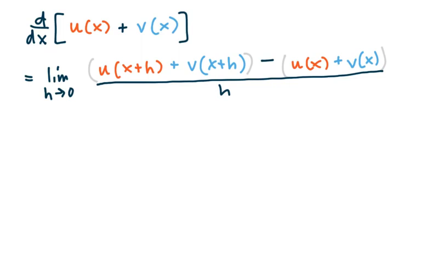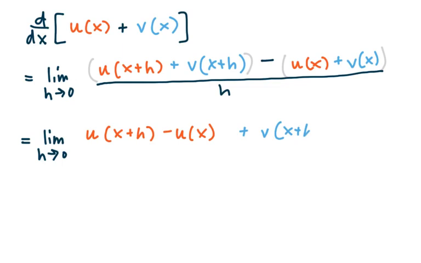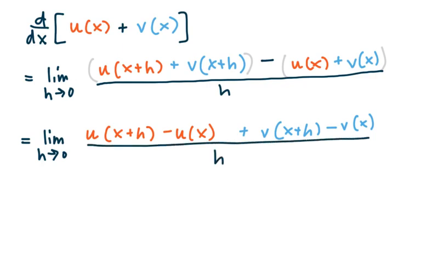Distributing, I'm going to rearrange my terms a little bit. I now have the limit as h approaches 0 of u of x plus h minus u of x, plus v of x plus h, and distributing that minus, minus v of x. All of this is still over h.